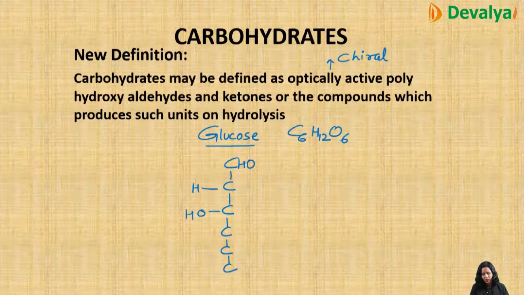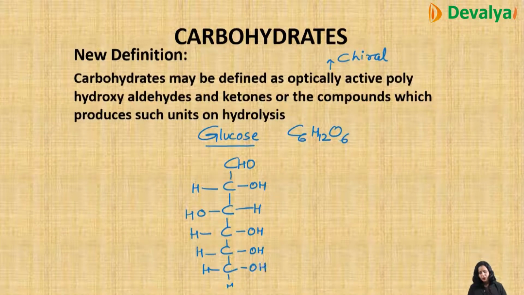So this is H, OH, H, H, OH, H, OH, H, H and OH. This is polyhydroxy because a number of OH groups are there. Aldehyde is CHO, and if we take the example of fructose, there will be a ketone. So the polyhydroxyaldehyde example is glucose, the polyhydroxyketone example is fructose, and it gives such units on hydrolysis.